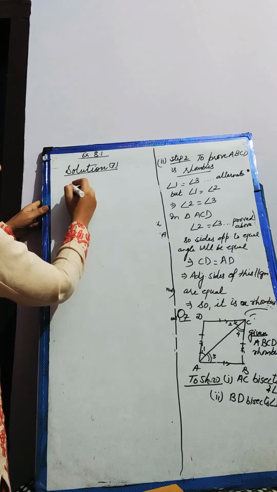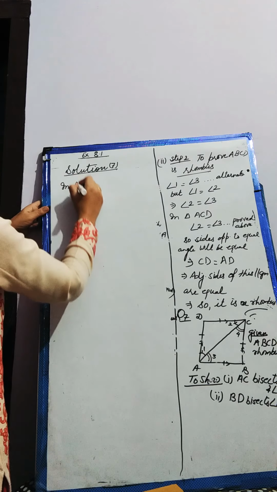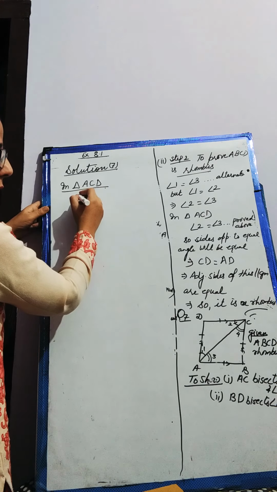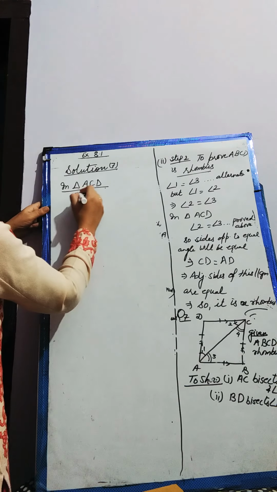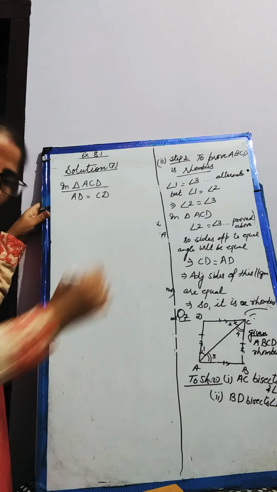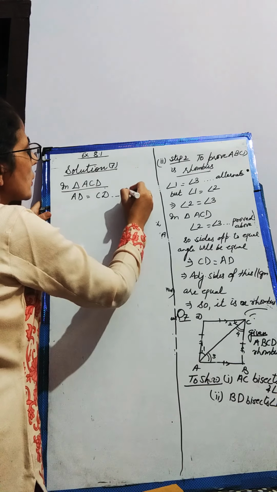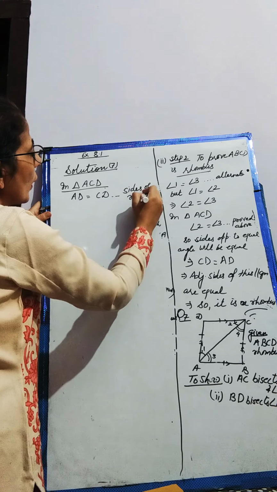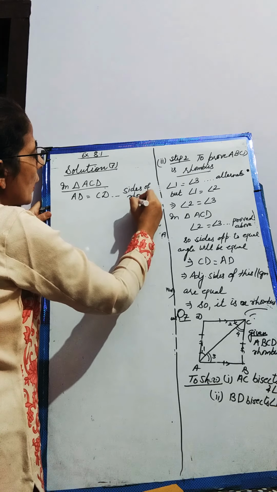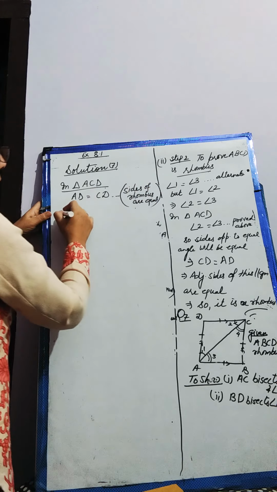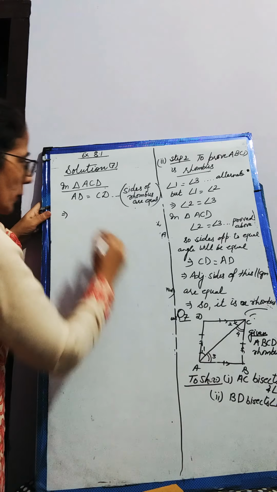In triangle ACD, AD is equal to CD. Why is AD equal to CD? Because these are the sides of a rhombus. Sides of a rhombus are equal. AD is equal to CD.